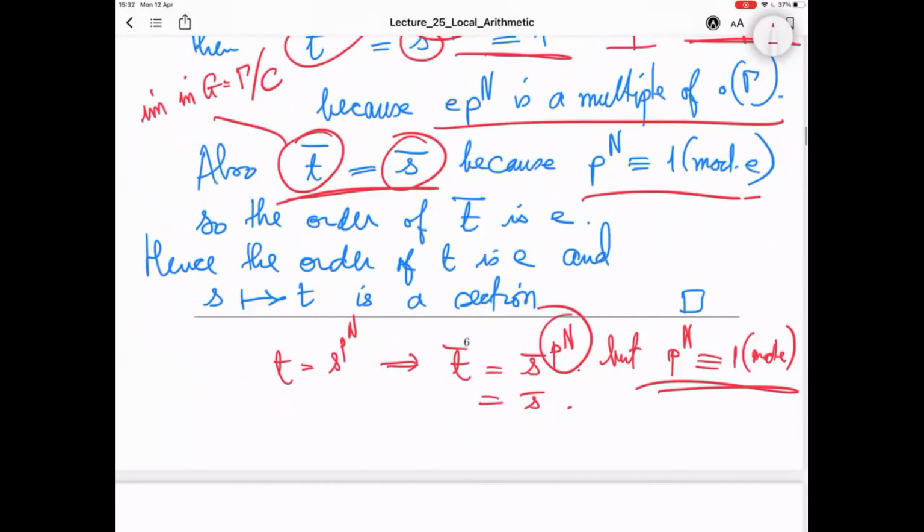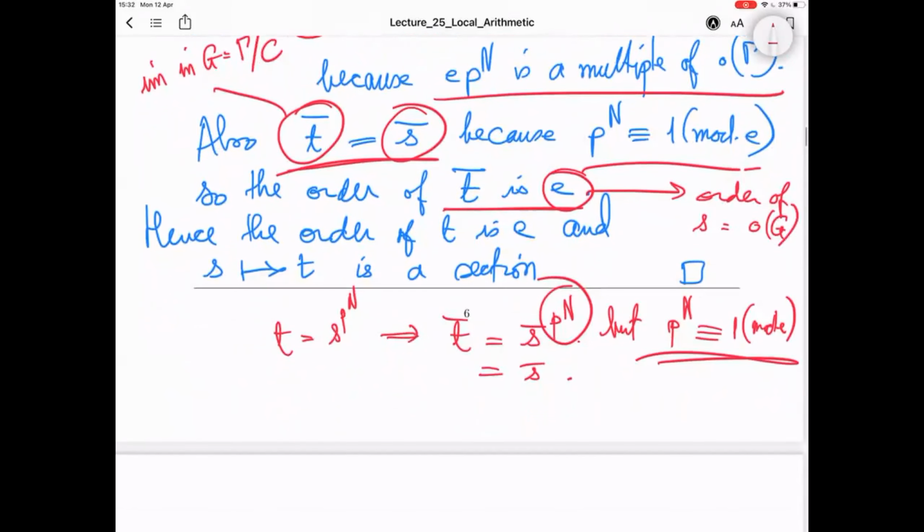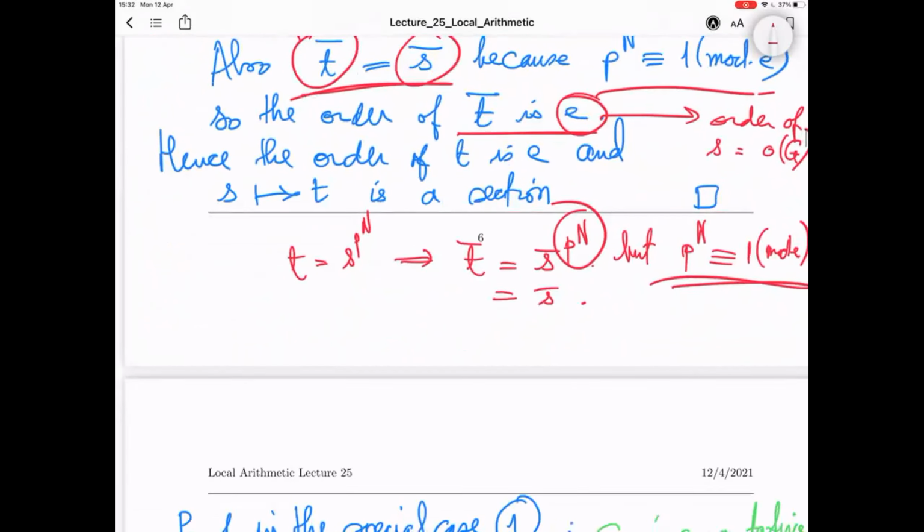And therefore, the order of T bar is equal to E, which is the order of S, and that's also the order of the group G. We are assuming that G is cyclic. Now, what do we know about T bar?